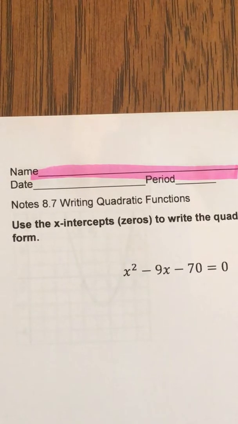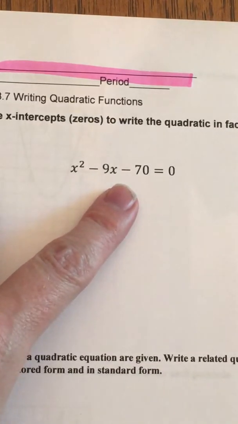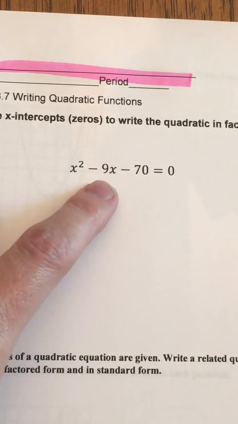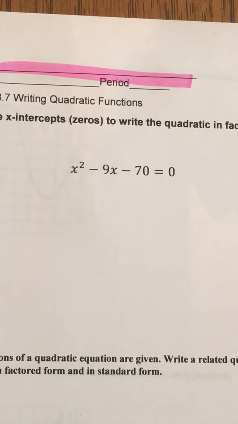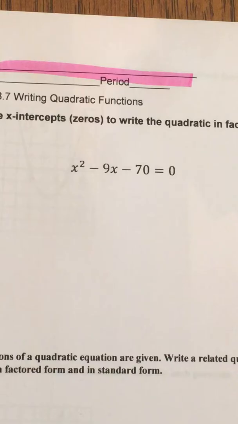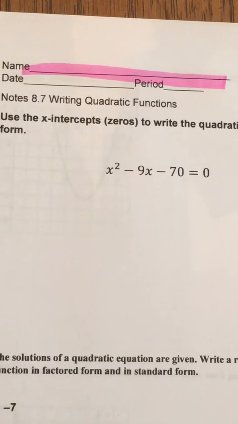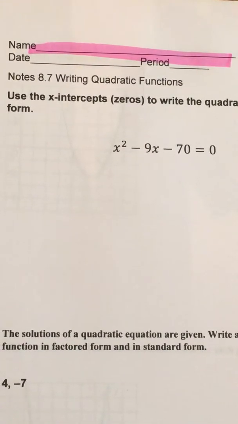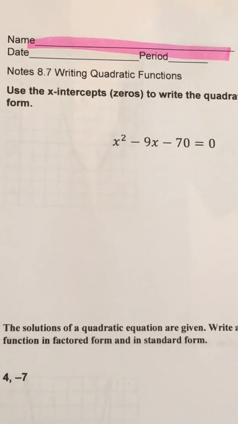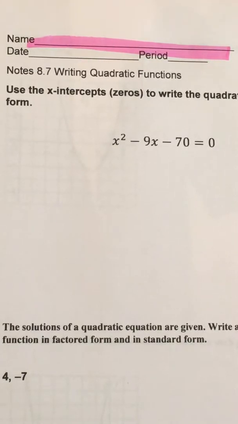So if we can take the original quadratic function in standard form and break it down into its two factored binomials, then we will be able to find out where it crosses the x-axis. This is a process that you're going to see many, many times. Today is the first time, so it'll be new, but we'll walk through this slowly together, and then we'll do it a lot of times on future lessons. Don't worry, it's a process.